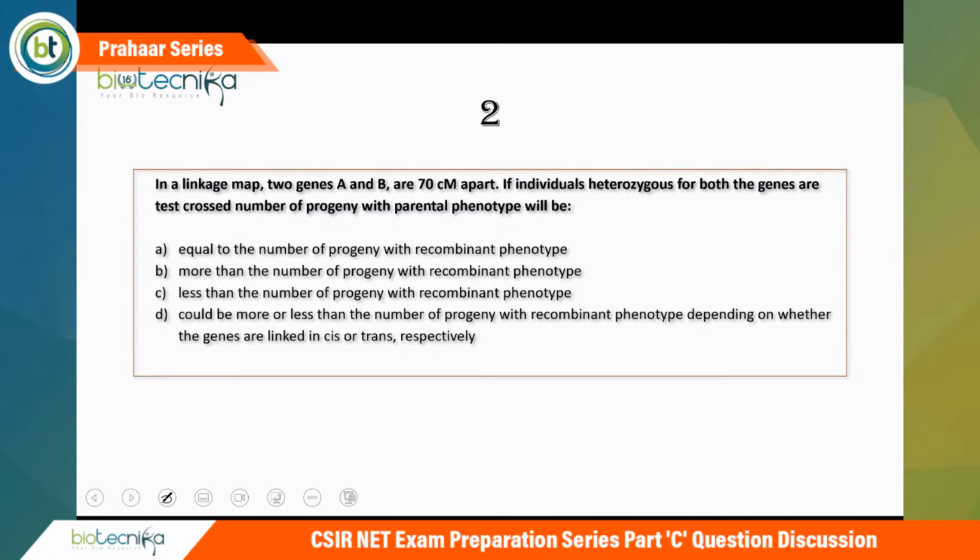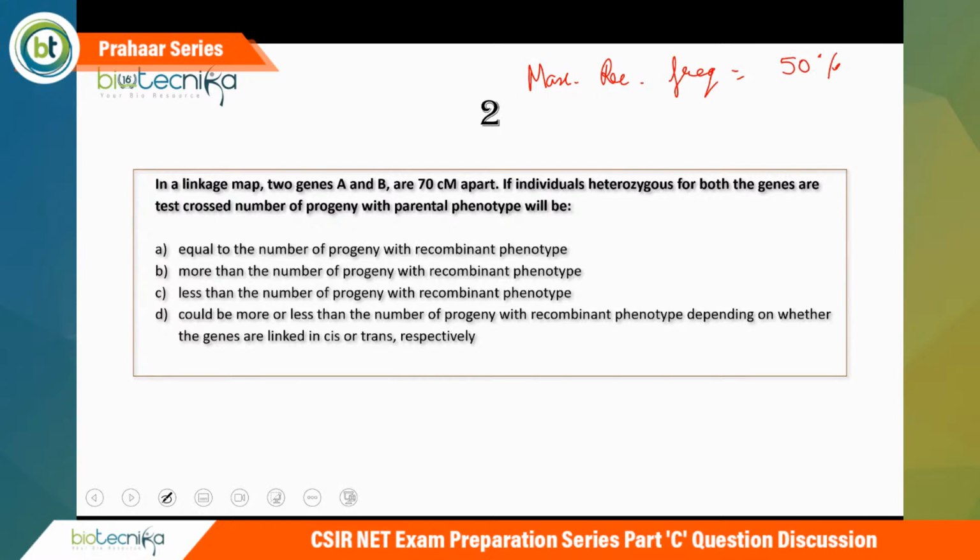Now, to understand this, you have to remember the concept that in a linkage map, what we are doing is finding the recombination frequency. The maximum recombination frequency between linked genes that we can calculate is 50%.